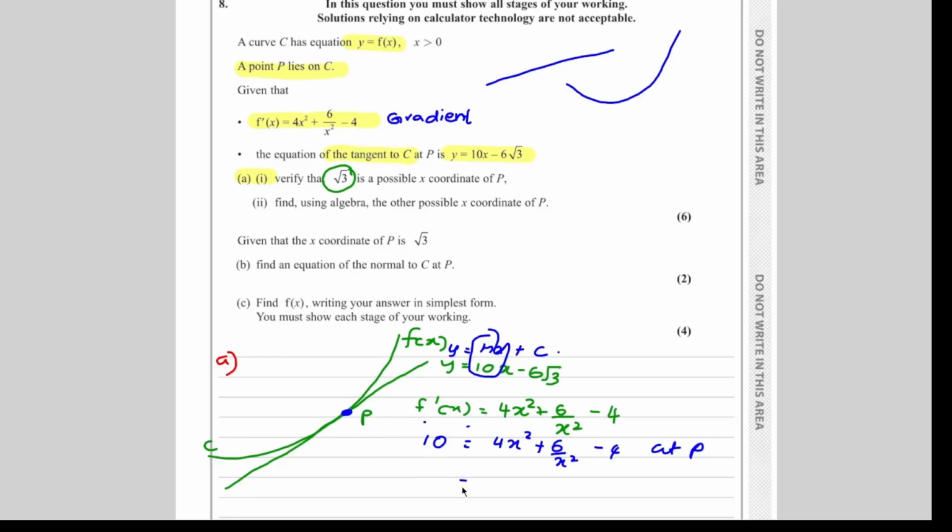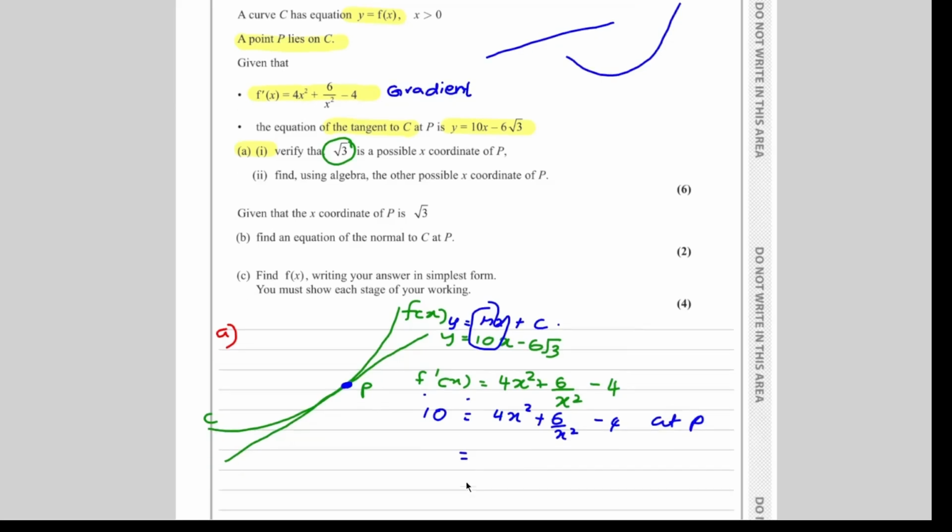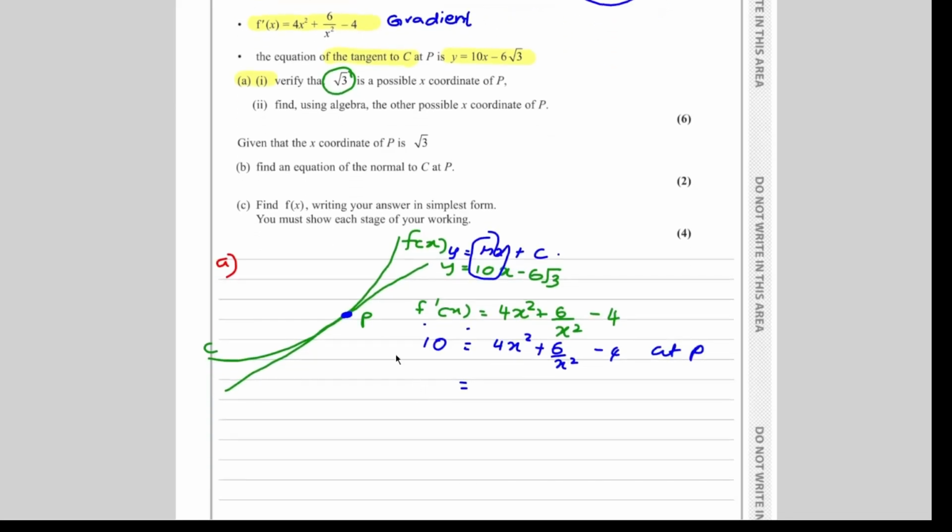So let's substitute that root 3 into this one and check whether we are getting 10 at this point, because we know that the gradient is 10 at this point because the gradient of the tangent at P is 10. No matter where you go, the gradient of the tangent is 10, but this is the tangent point.